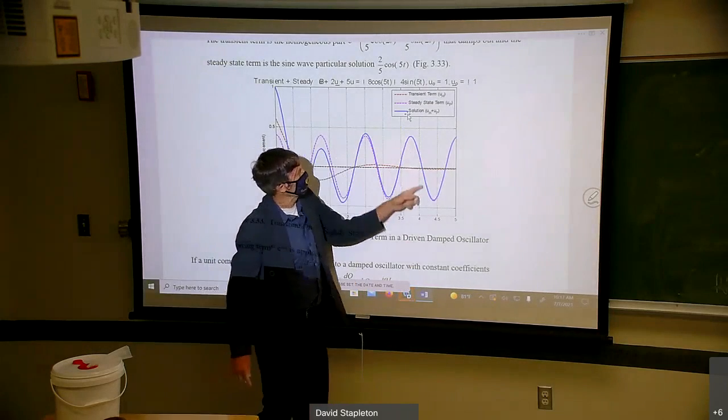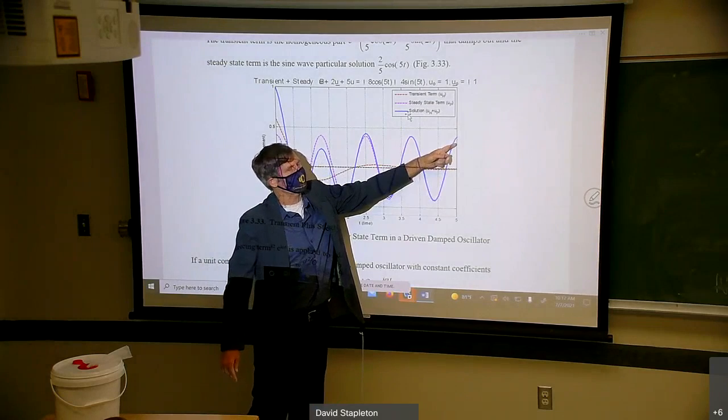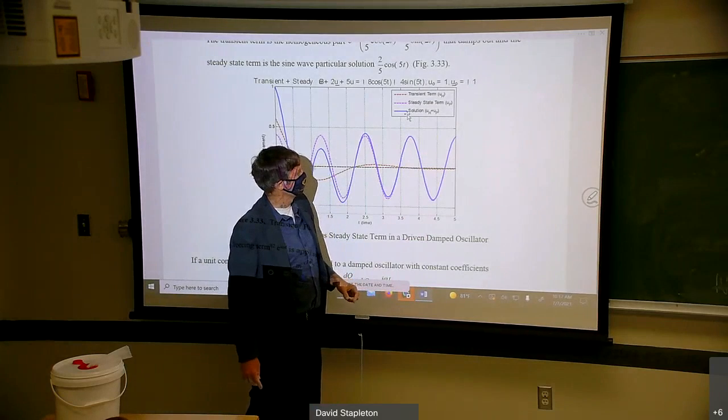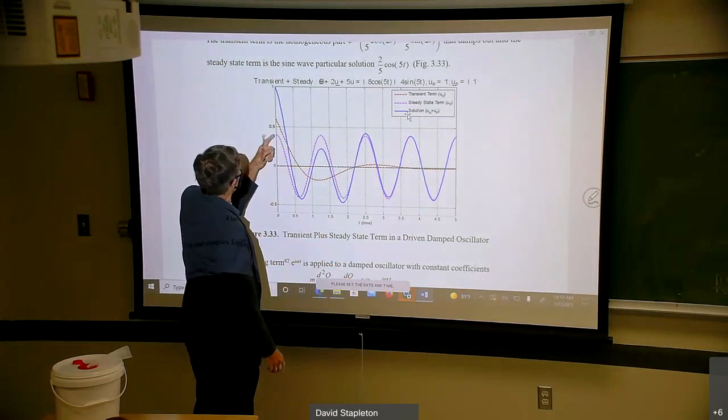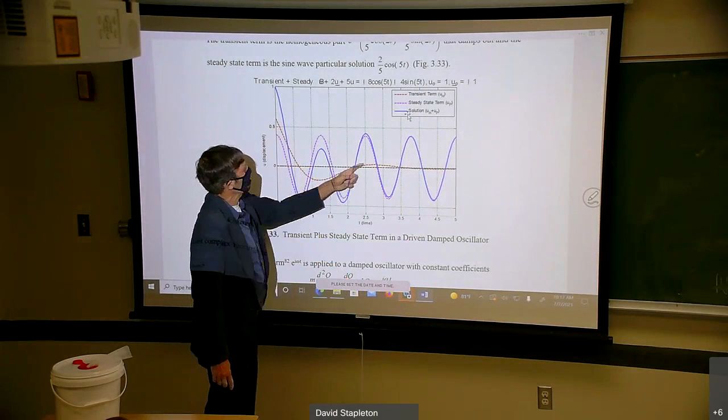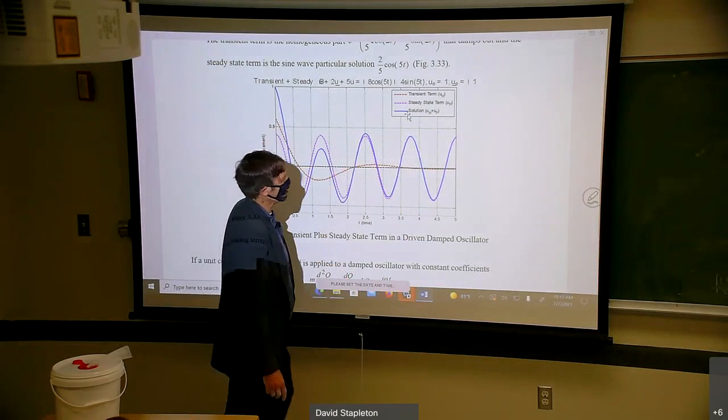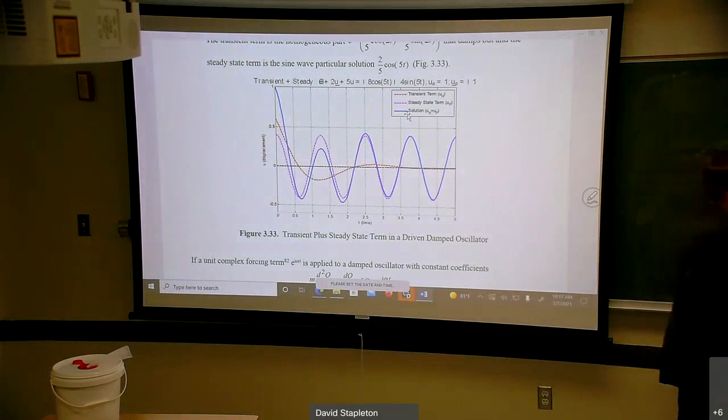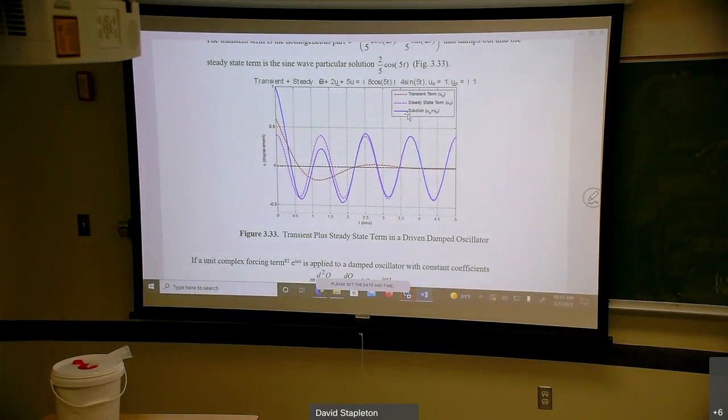Consequently, since you settle down to the particular solution, we say the particular solution is the steady state term, and the homogeneous term that damps out, we call the transient term. Well, I'll let you draw that picture because I can't draw it on the board.